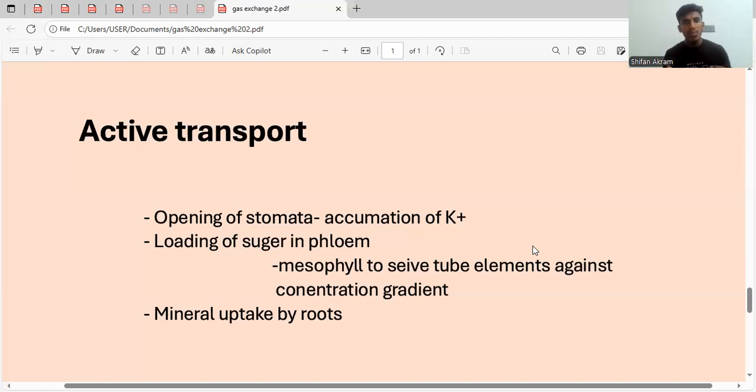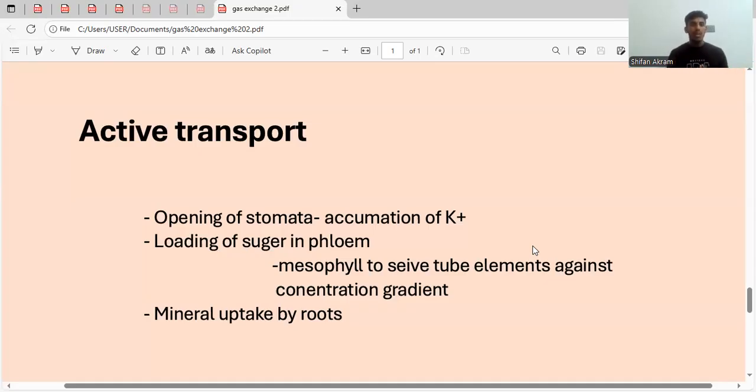For this reason, we need active transport of K plus into the guard cells. For this, energy is used from photosynthesis, which occurs in the chloroplast of the guard cell. Using that energy, active transport occurs, which causes accumulation of K plus.